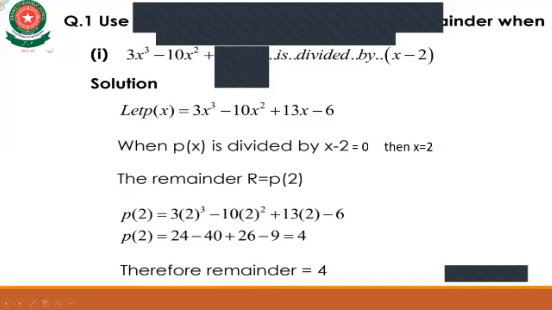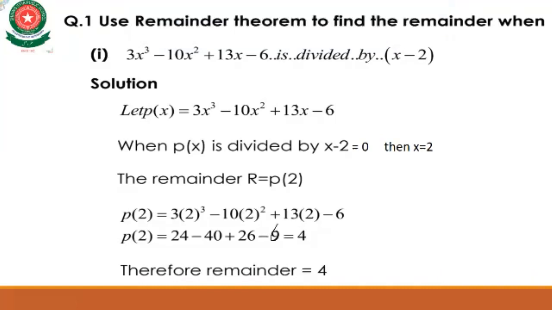Okay, beta. 10 into 2 square: 2 square is 4, 4 tens are 40, plus 13 twos are 26, and minus 6.